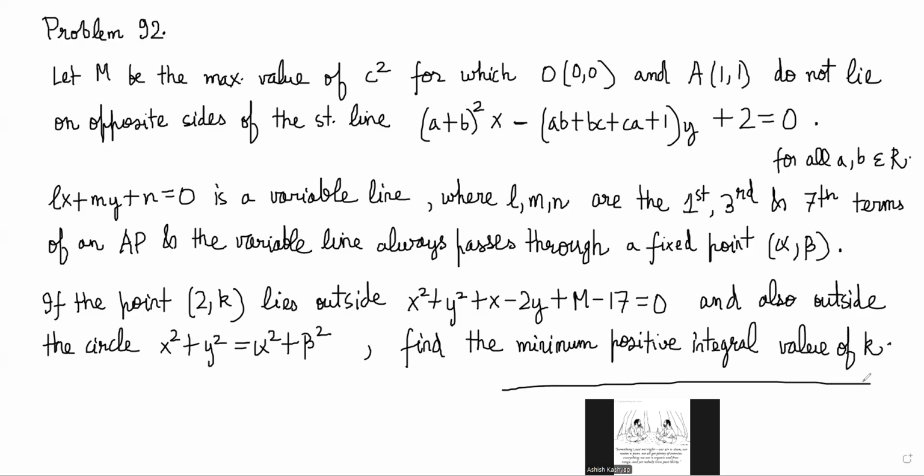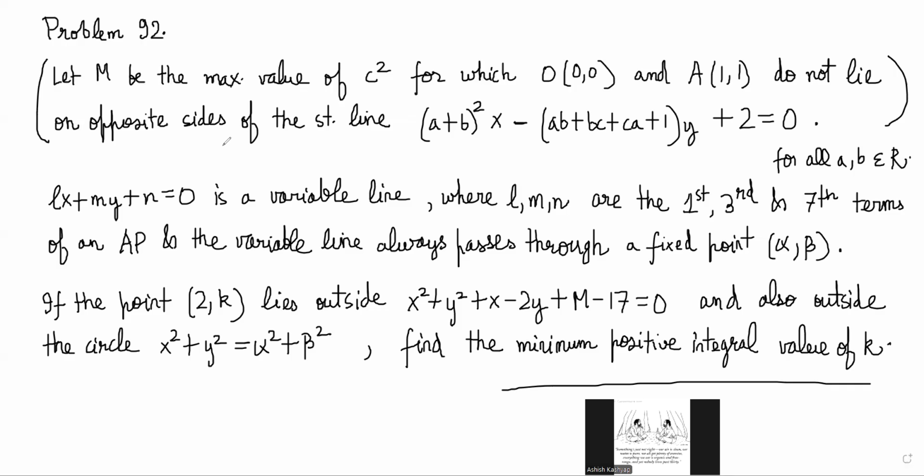So the statement of the problem is very long, and there are actually three parts to the problem. This is the first part where it was given that m is the maximum value of c square for which these 2 points lie on the same side of the straight line, for all a, b belongs to real.